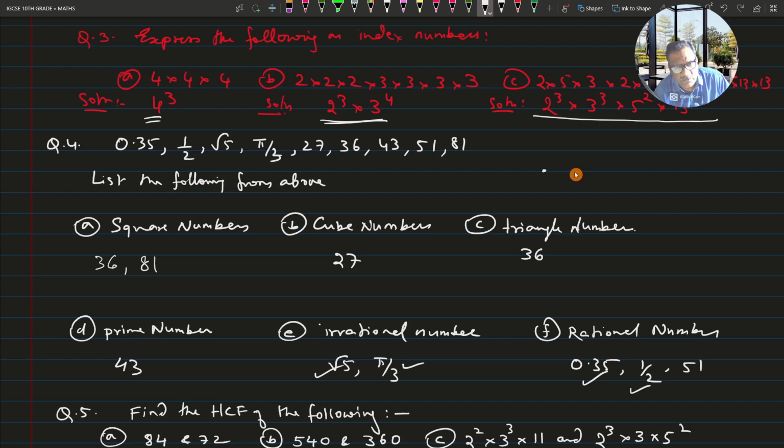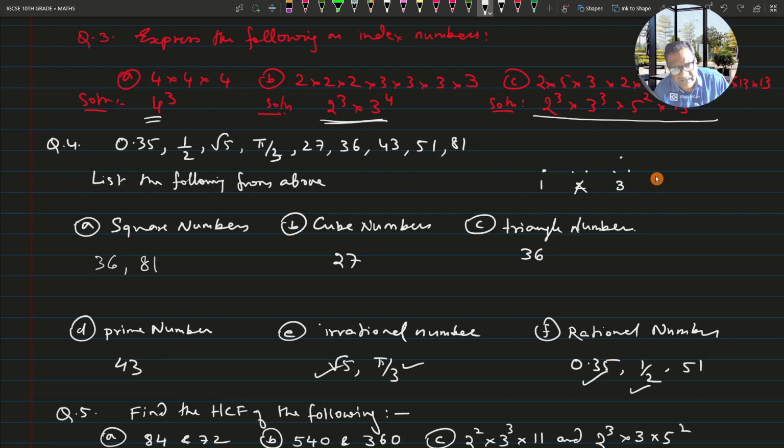If you take two dots, you can put two dots this way, and three dots you can put this way. So one dot is a triangle number, two is not a triangle number because two dots cannot be arranged in the form of a triangle, but three dots you can arrange in the form of a triangle. So three you can take as a triangle number.